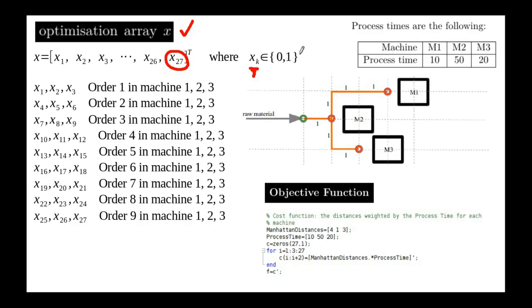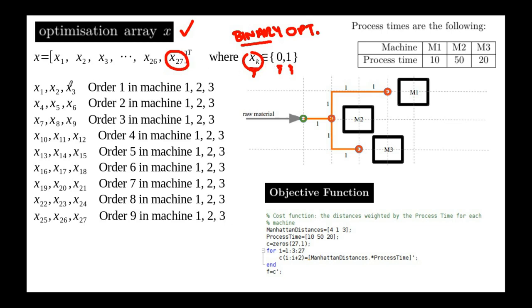At the beginning we don't know the value for every element within the optimization array X. That's our objective, to find the values of all these elements in X. But we know that we are dealing with binary optimization problems. So this binary means that every variable within the optimization array can be false or true, 0 or 1.